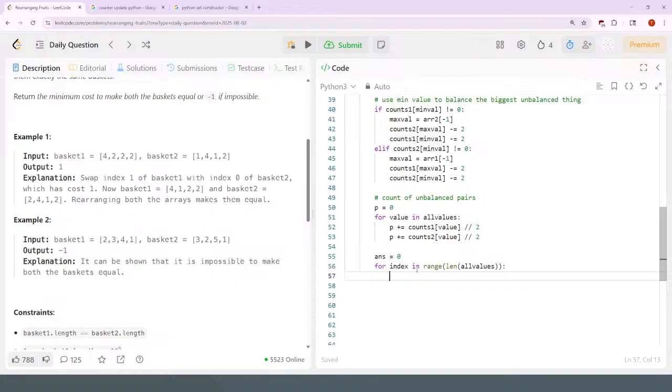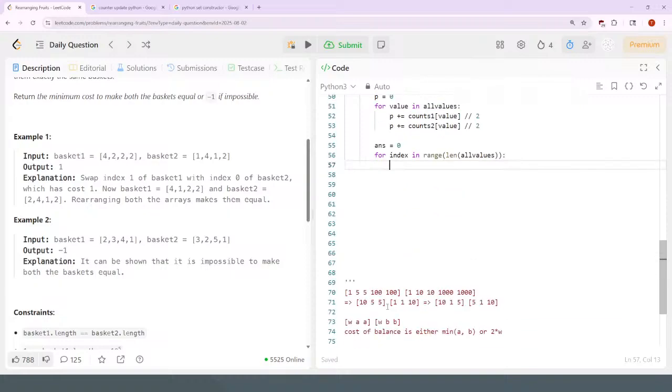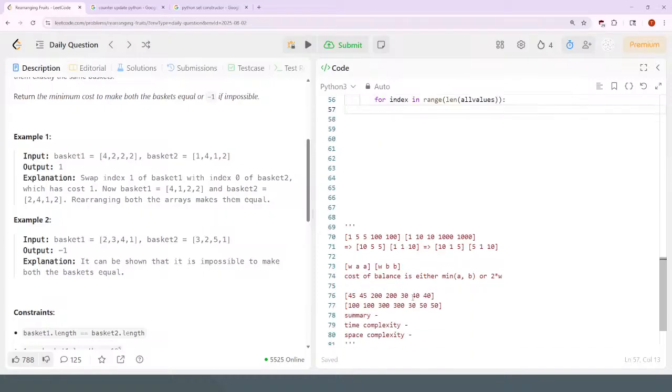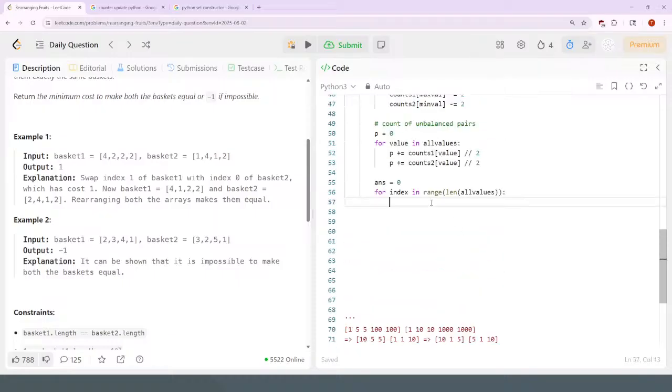So I only care about this if this value is going to be smaller than 2 times w. If it's smaller than 2 times w, then I remove the number of pairs that it can remove.